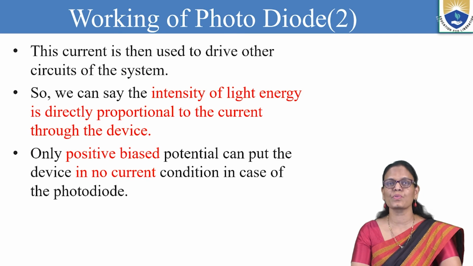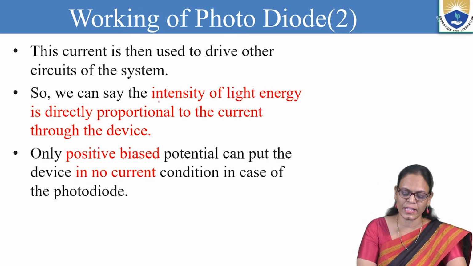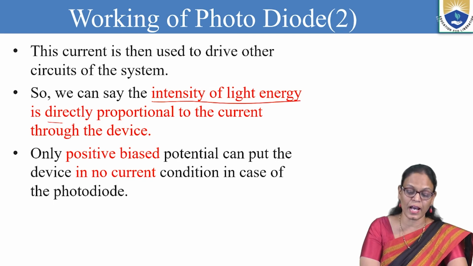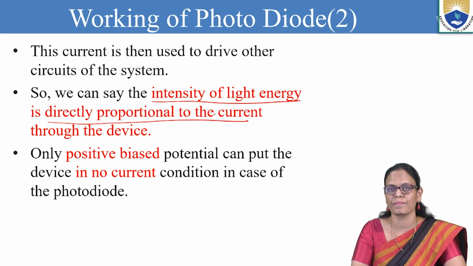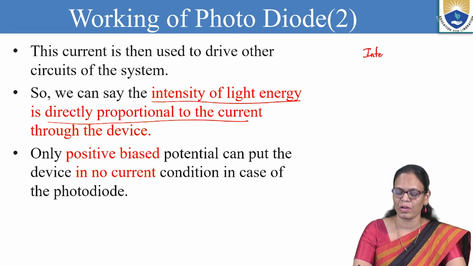And this current is used to drive the circuits in the system. Also, what we can say is the intensity of light energy is directly proportional to the current. So the more the intensity of light, the more the current that is produced. So that is why, if I denote the intensity of light, it is directly proportional to the current.